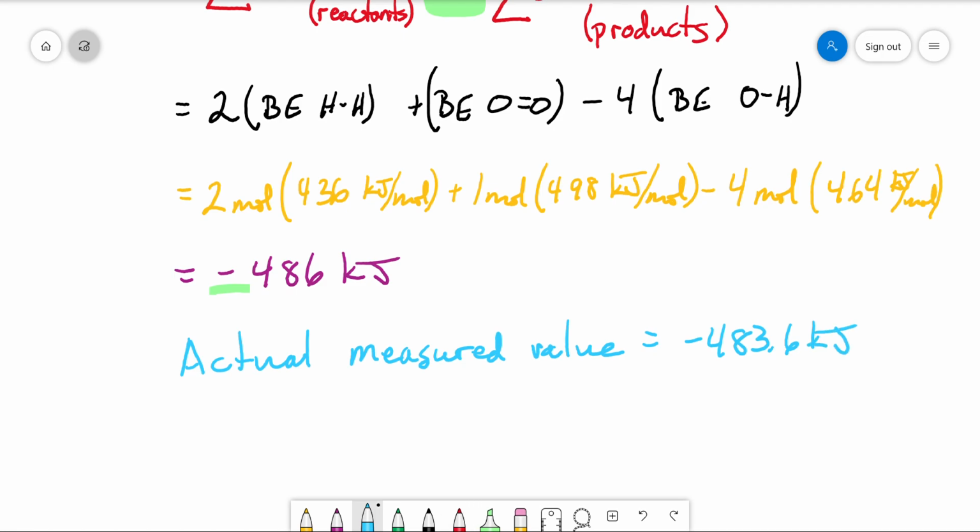So does our value that we calculated, and remember this is an estimate, is it pretty good? Yeah, it's a pretty good estimate. It's only off by 3 kilojoules out of 400. That's less than a 1% error, so that's a pretty good estimate.